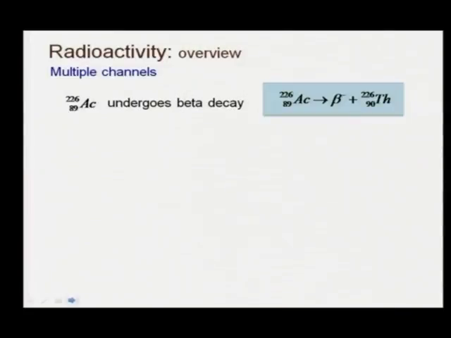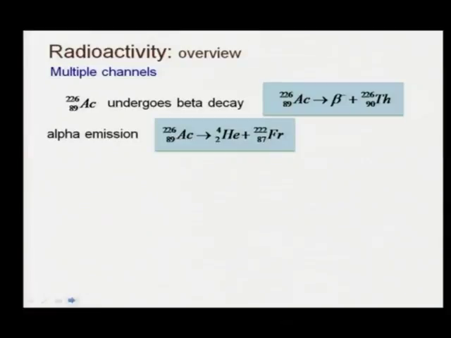A particular nucleus, we said, decays radioactively, but it can decay either through beta decay, or it can also possibly decay through other types of radioactive decays.